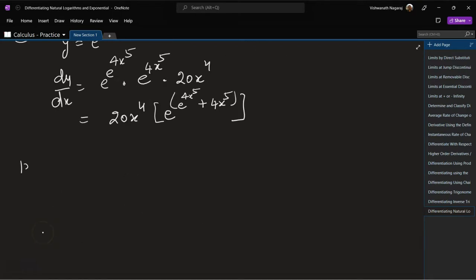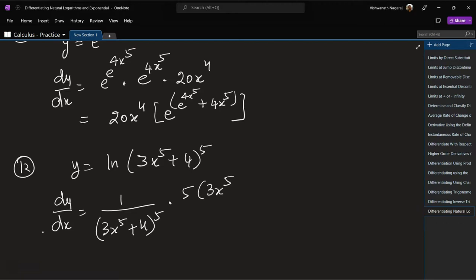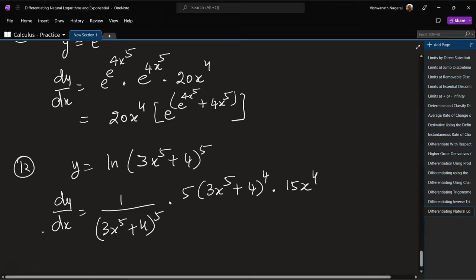Okay, 12th one, y is equal to natural log of 3x to the power of 5 plus 4 to the power of 5. So dy by dx is equal to 1 by 3x to the power of 5 plus 4 to the power of 5, times 5 times 3x to the power of 5 plus 4 to the power of 4, times 15x to the power of 4.